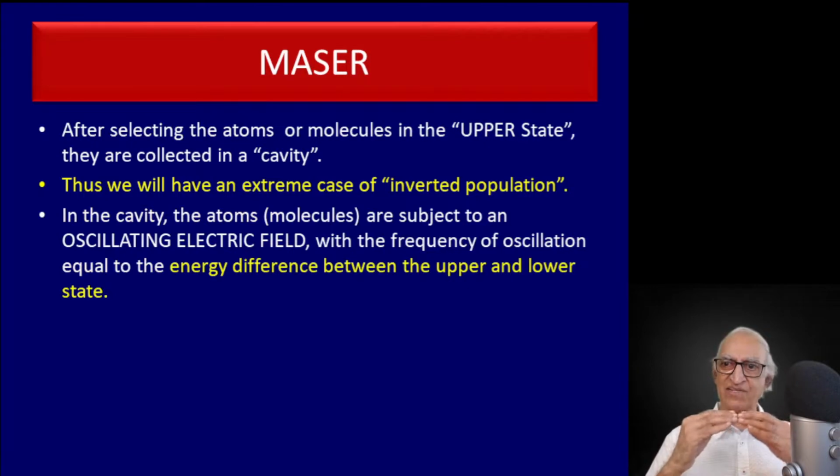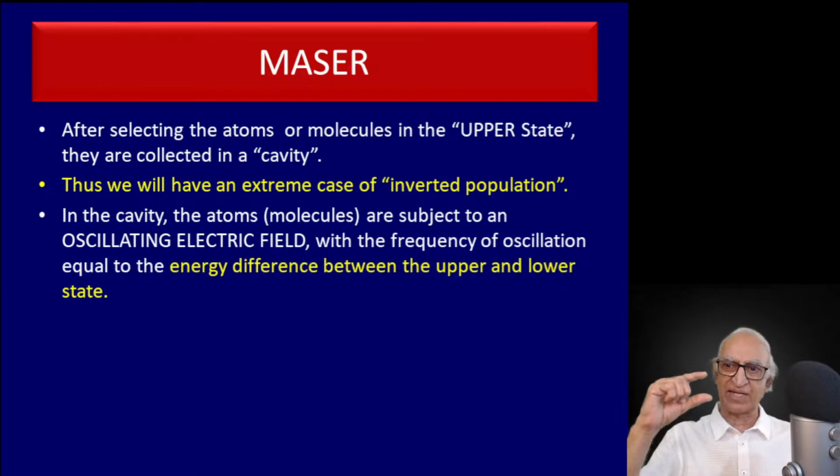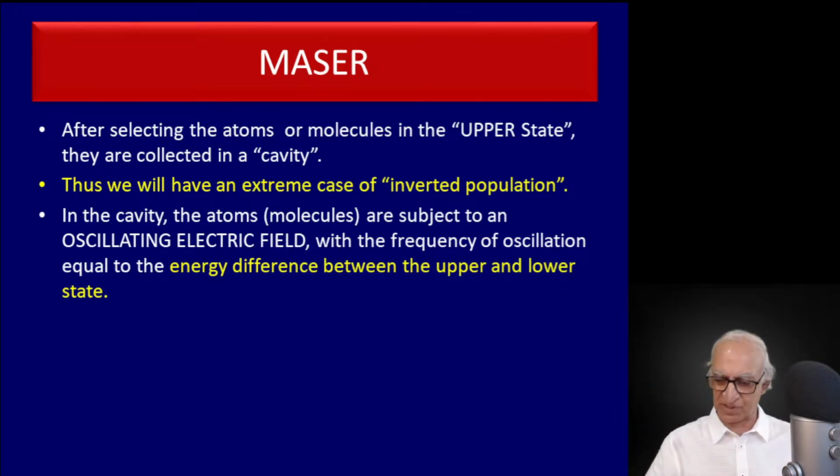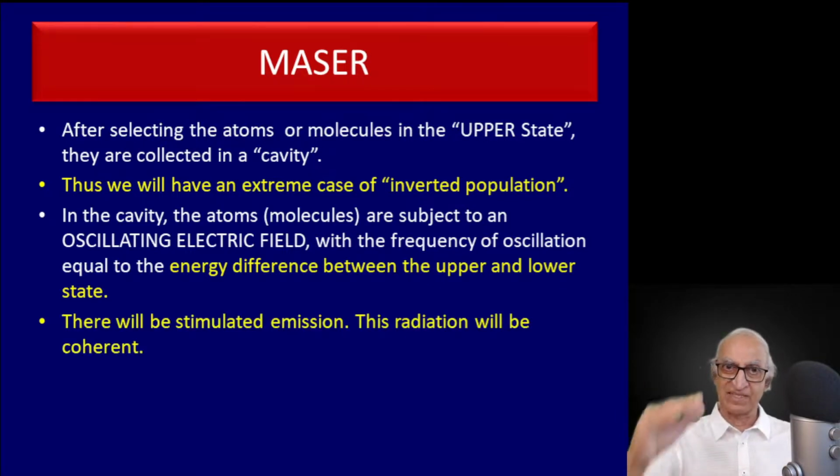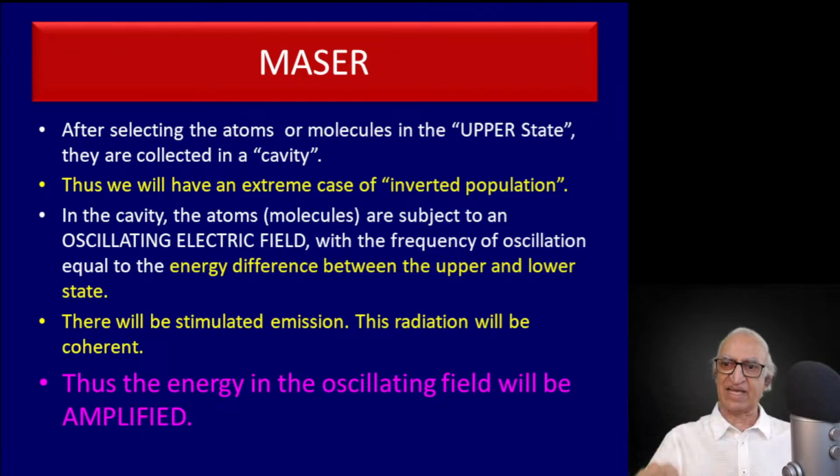Now, in the cavity, they are subjected to an oscillating external electric field with a frequency of oscillation equal to the energy level difference between the upper state and the lower state. There will be stimulated emission and the radiation will be coherent, and thus the energy in the oscillating field has been greatly amplified.